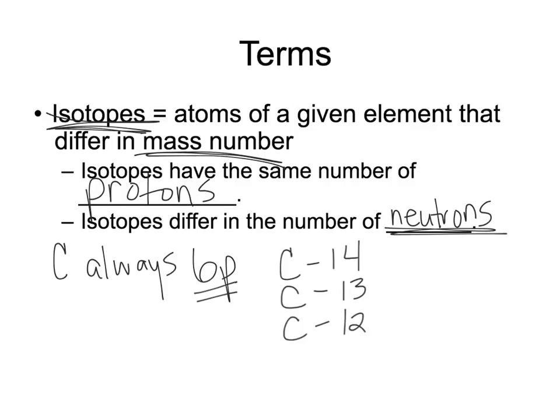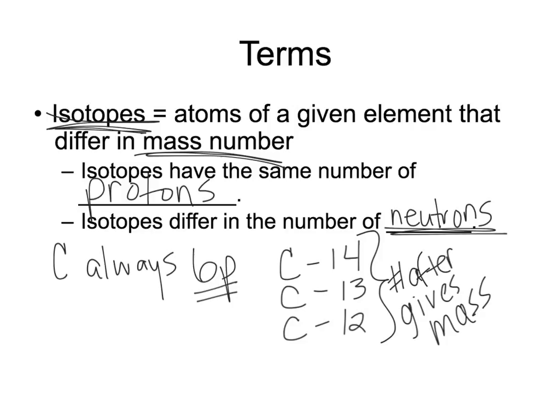So a carbon atom can have a mass of 14, a mass of 13, or a mass of 12. The number afterwards tells us the mass. So every single one of these carbon atoms has 6 protons because carbon always has 6 protons.